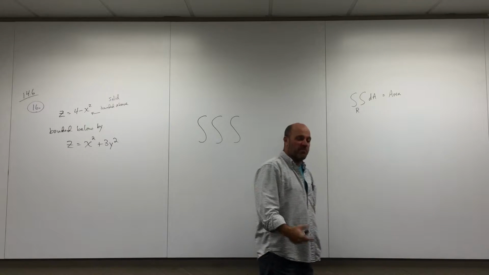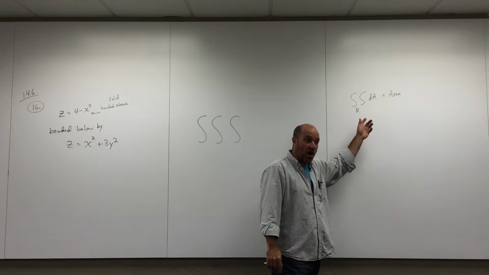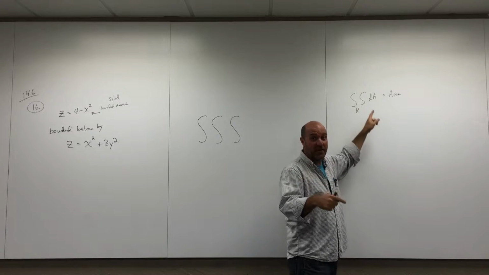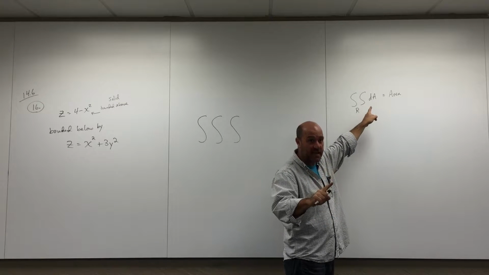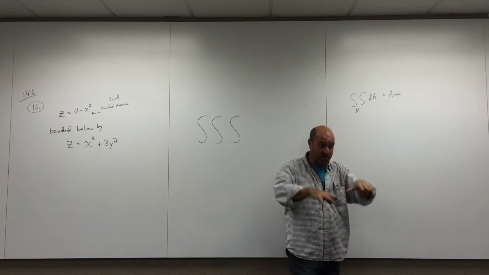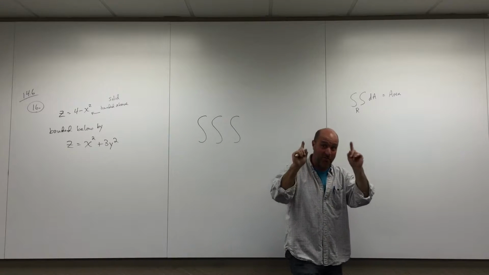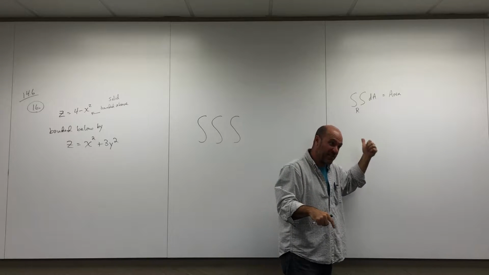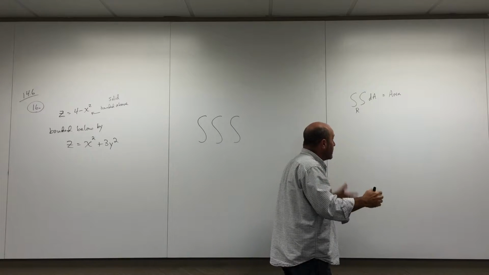The book called it the area of region R. I said the book was lying to you. It's really the volume of something with a height of 1, z equals 1. But the volume of something with a height of 1 is numerically equivalent to its area. So your book is calling this area, and that's okay, we can go with that.